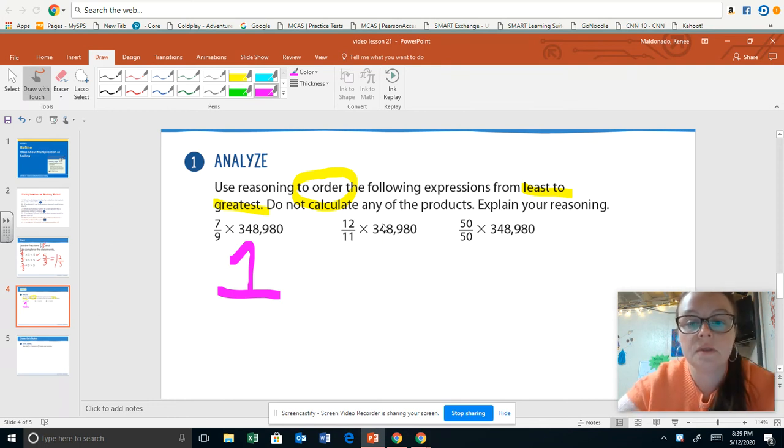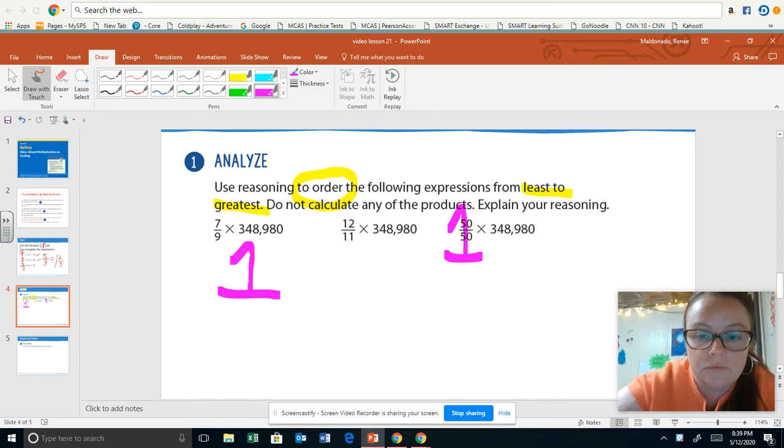I know this is an improper fraction, which is going to make my product go up because it's more than a whole. I know 50/50th is the same thing as saying what? One whole. Same thing as one whole. So I could even put a big 1 right over it. So I know that 348,980 is going to stay the same.